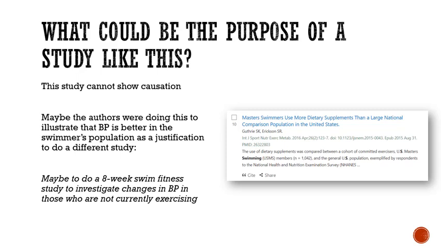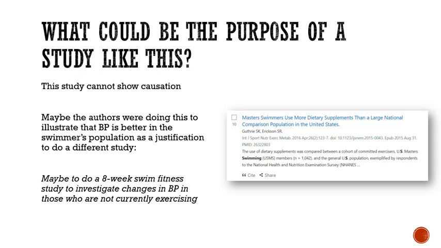So maybe they'd like to do like an 8-week swim fitness type of class to investigate changes in blood pressure and do so in individuals that aren't currently exercising. But if they were trying to go for some sort of grant, maybe they felt like they needed to have justification for it, evidence that shows that it could be beneficial.